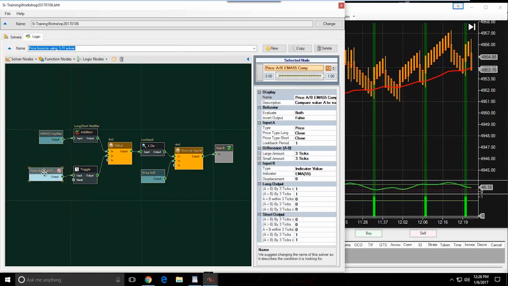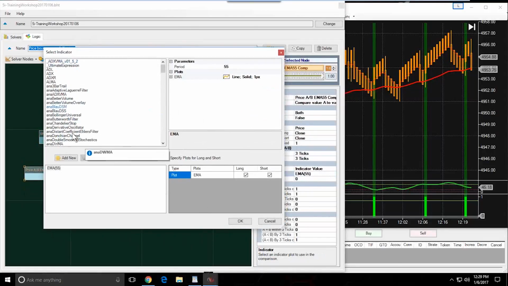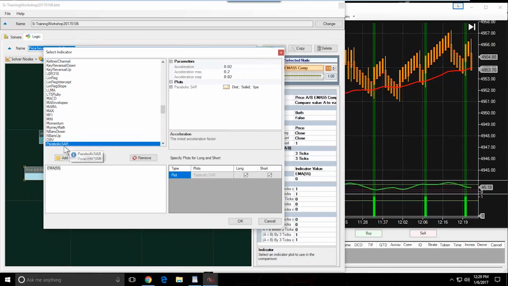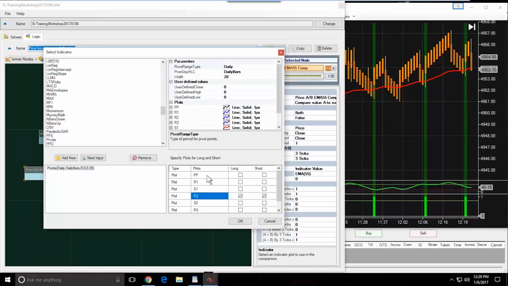Right, so all the other solvers, let me give you an example here. So I'm going to open up this comparison solver, right? So I have this comparison solver selected. I'm going to open up the indicator window, and if I switch this to the pivots indicator, you'll notice I can only select one plot at a time.